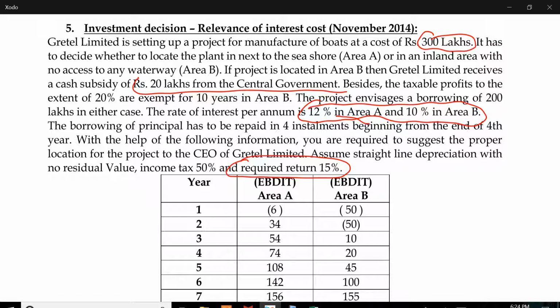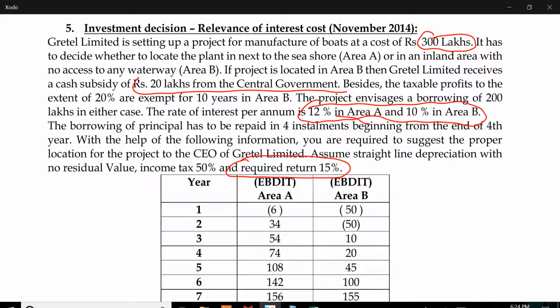In area A, the cost of debt is 12%. In area B, the cost of debt is 10%. So, the WACC calculation which a company has to do, when you do that calculation, area A and area B cannot have the same discount rate. If I am going to use the same discount rate, then I cannot ignore interest, because area B is maybe a backward area or something.